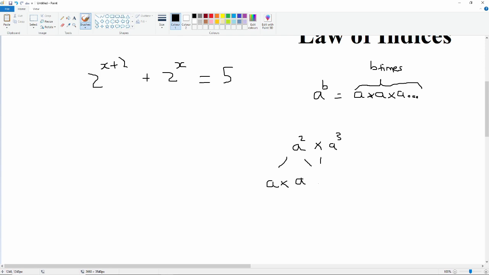And now we're multiplying, so we need another multiplication sign here. And then we've got a cubed, which is a times a times a. And that's equal to, how many a's have we got? 1, 2, 3, 4, 5. So that's equal to a to the power 5. But a to the power 5 could also be written as a to the power 2 plus 3, because 2 plus 3 is 5.